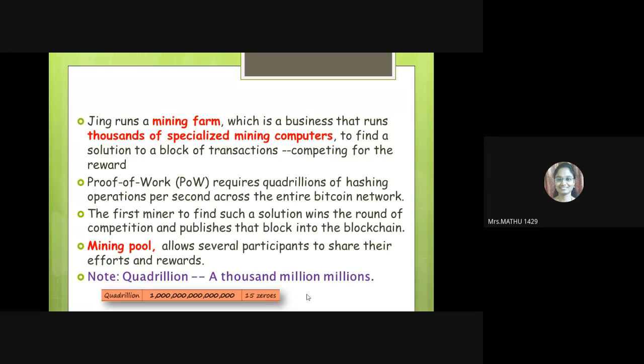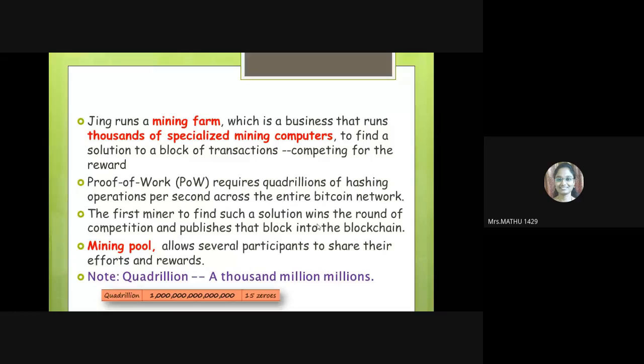The first miner who solves this will publish into the network that he has solved the puzzle, and he will publish that block into the blockchain. Immediately the other miner will be creating another block and propagating it into the network.